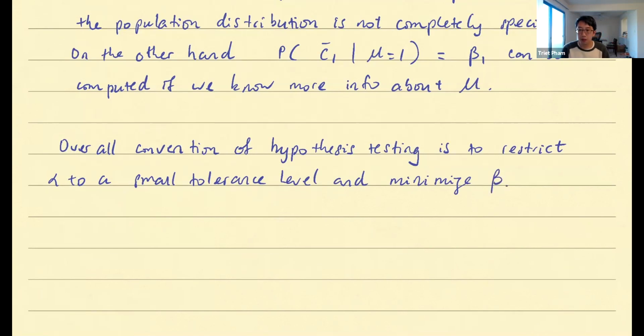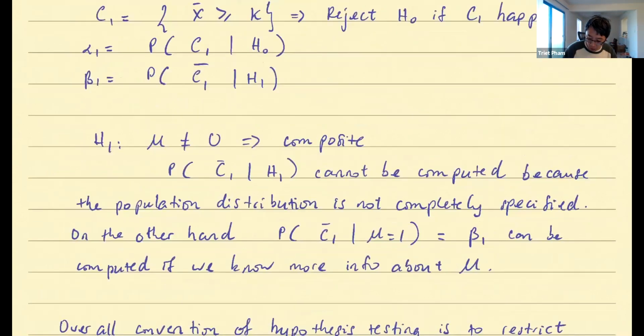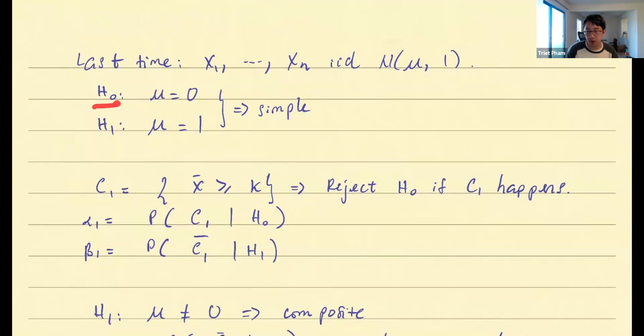This has to do with our philosophy that the null hypothesis is our default hypothesis. We want to give emphasis to the null. In other words, we don't want to go with the alternative unless there's overwhelming evidence that that is the case.